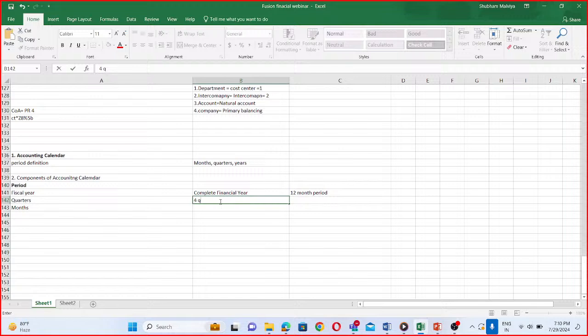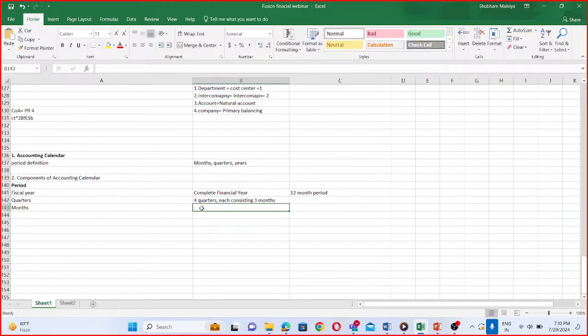So it is divided into 4 quarters, and each quarter consists of three months. Okay friends, so now we are going into detail on fiscal year, quarter and month.